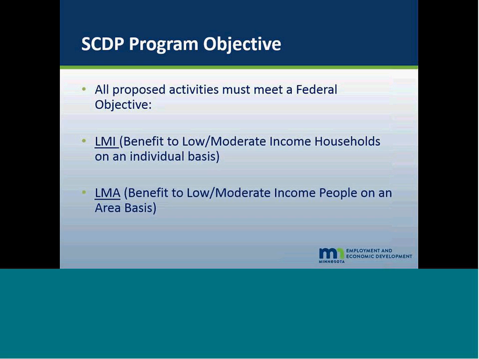With any federal grant, you have to meet federal objectives. There are 4 objectives out there. The first one, LMI, benefit to low and moderate income households on an individual basis. LMA, benefit to low and moderate income people on an area basis.